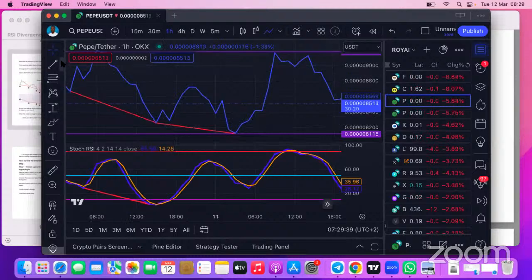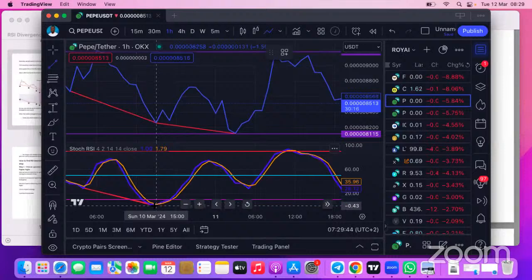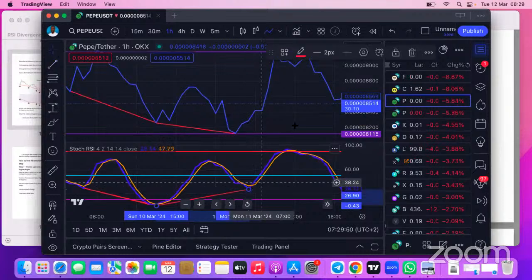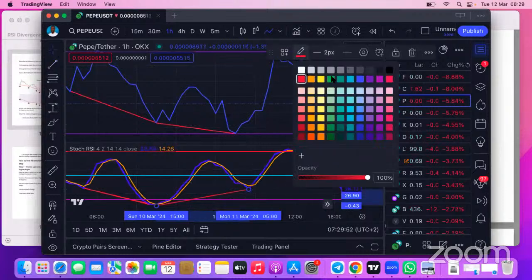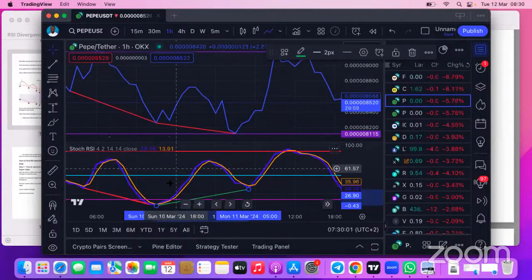We pick our trend line, press it at this lowest point and stretch it to this point. Can you see? So we change this one to green. Why? Instead of it continuing going down, it now moves up. And this is what we call a divergence.